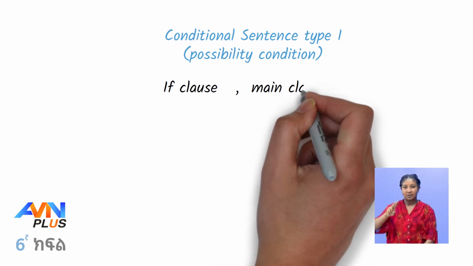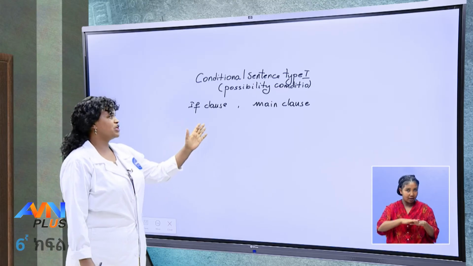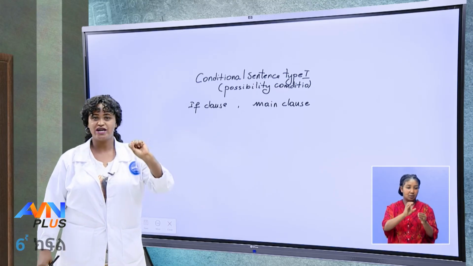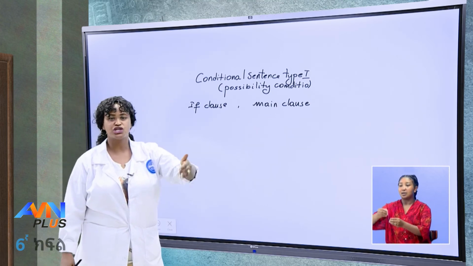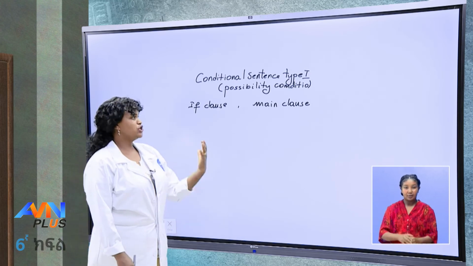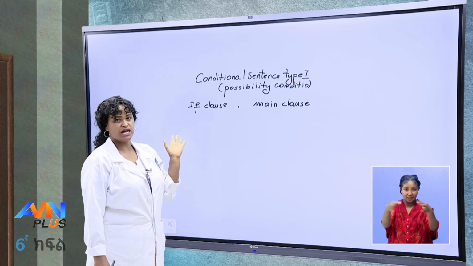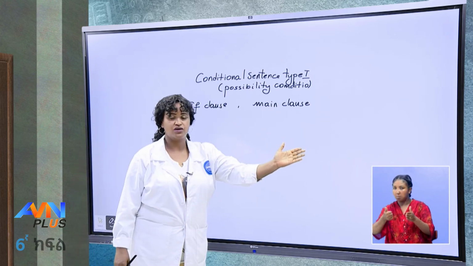And what do we say about the if clause? We said that the if clause is the condition or the situation, and the main clause is the result or the consequence that follows the if clause. But when you write your sentence, you can start with the if clause or with the main clause. It doesn't matter. All right?